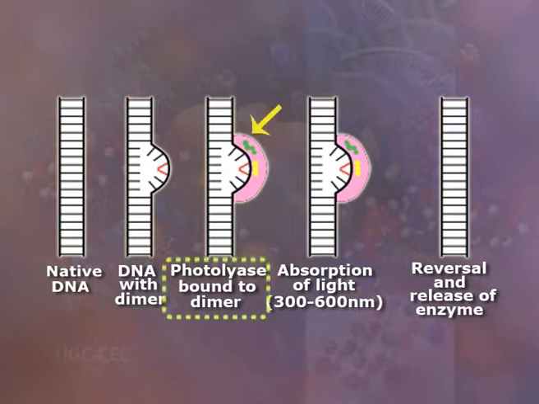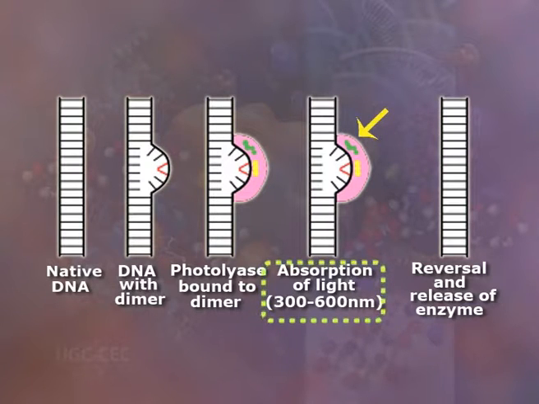An enzyme called photolyase recognizes and binds to these dimers. It is activated by visible light and cleaves the dimers to yield the intact pyrimidines. Photolyase is found in many types of cells, but one must note that it is active only on pyrimidine dimers and in the presence of light in the 300 to 600 nanometer range.